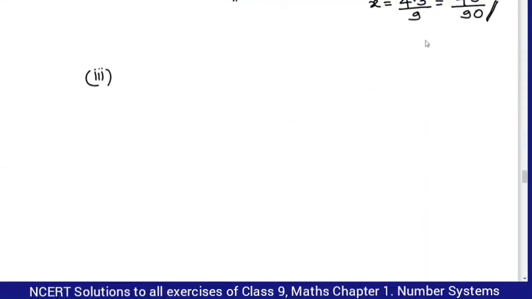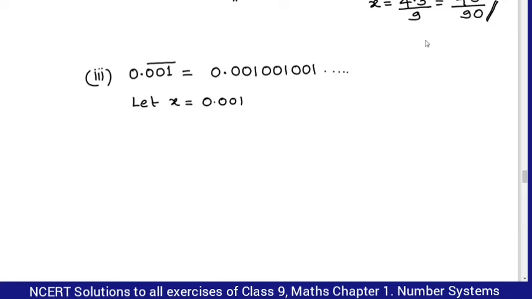Now the third one, 0.001 whole bar. So this is equal to 0.001, 001, 001 and so on. Let x be equal to 0.001, 001 and so on.